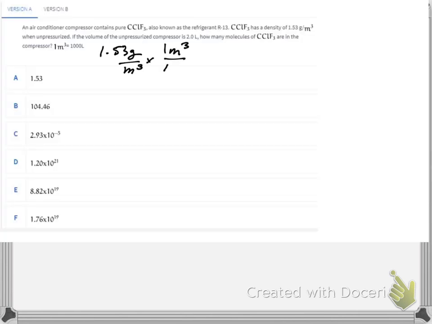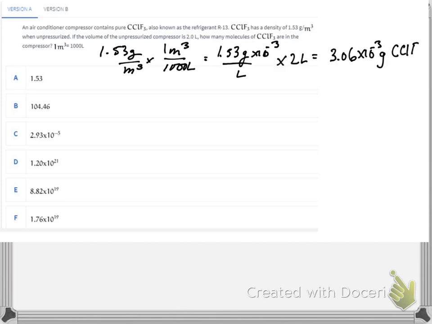Okay, so we go through this, and now what we want to do is, for CClF3, sort of just do the same methodology as the previous problem, which is how many grams are there in 1 mole of CClF3?